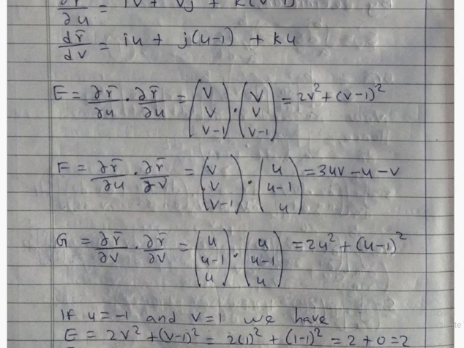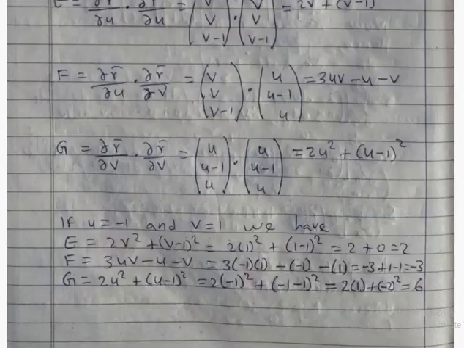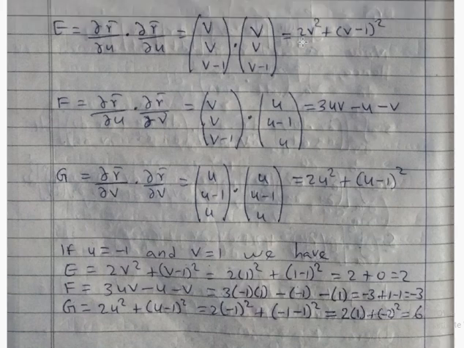Now we specifically look for the values of E, F and G when u is negative 1 and v is 1. So we substitute the value of u with negative 1 and the value of v with positive 1. In E we now have 2 into bracket 1 squared plus the square of 1 minus 1, and this simplifies to 2 plus 0, which is equal to 2.